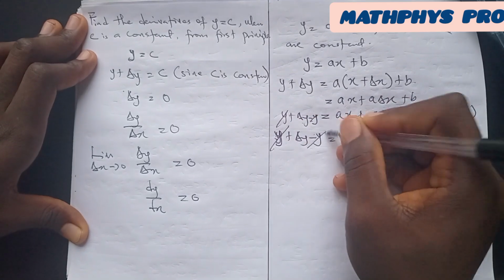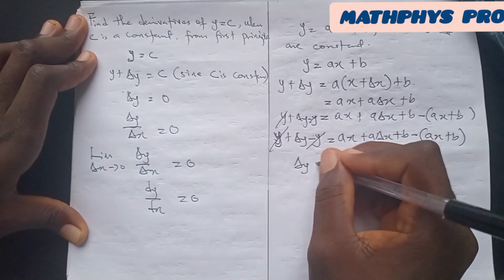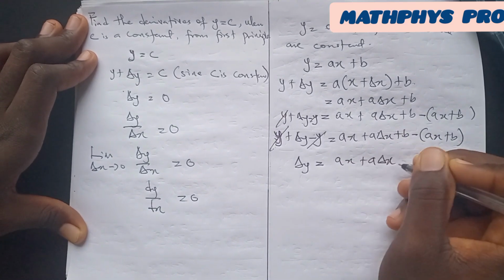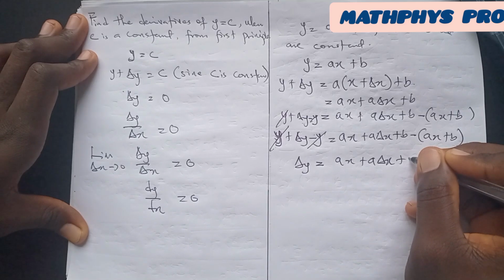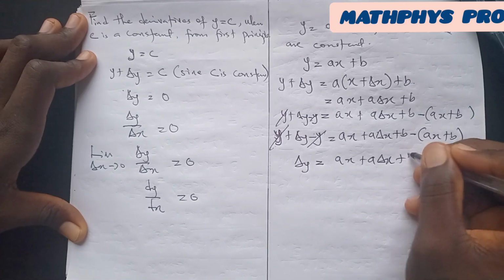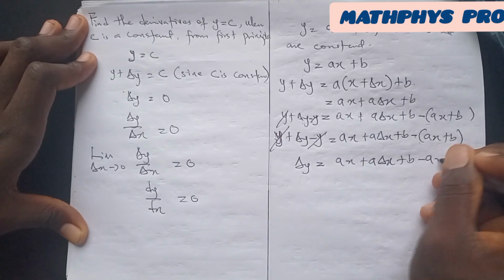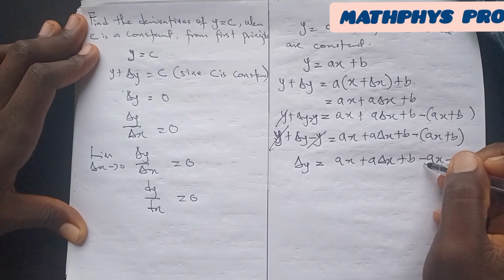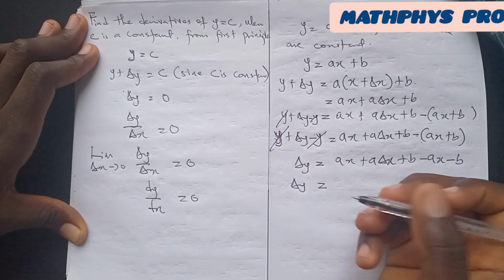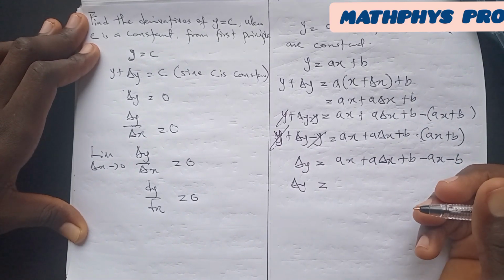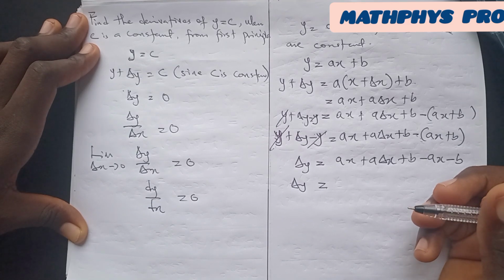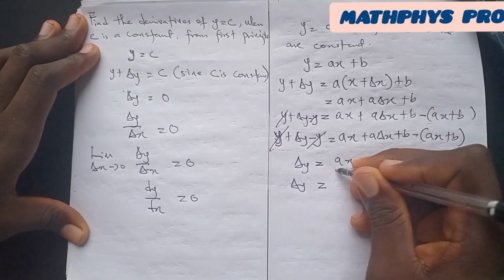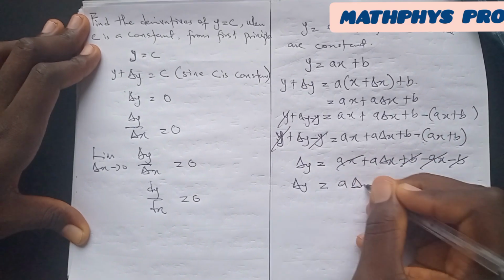Now this y will cancel this y, so we are left with change in y equals ax plus a change in x plus b, minus times ax gives you a minus ax, minus times plus b gives you a minus b. So we have change in y equal to, minus b will cancel plus b, this will cancel this. So we are left with a change in x.